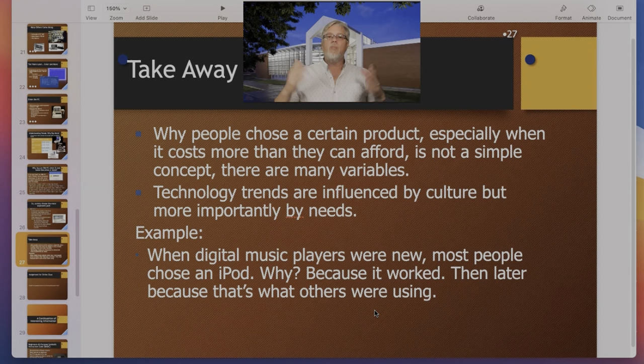And it's hit that point where that's what people do. It's not the fastest. It's not the most secure. It was the fastest for a couple of years, way back when it first came out, but it's no longer the fastest. Usually Opera is the fastest. But anyway, later, because that's what others are using, that becomes a big factor.